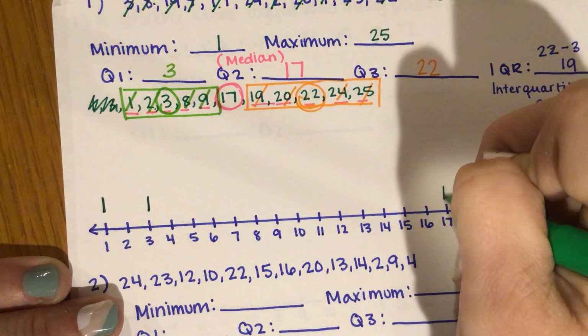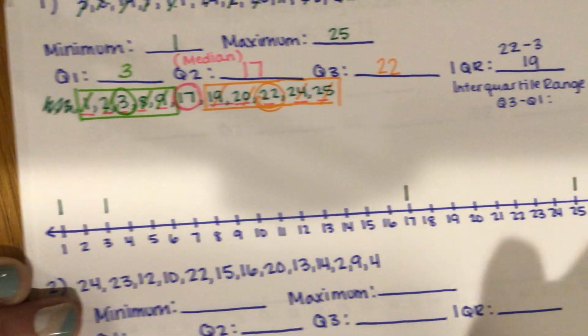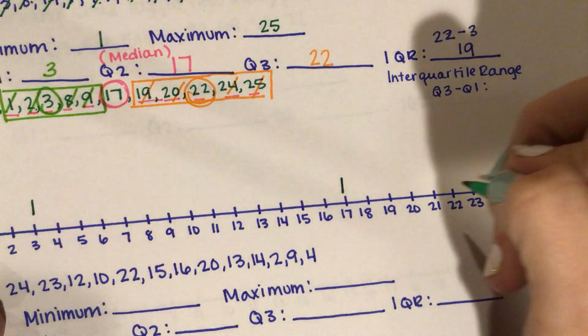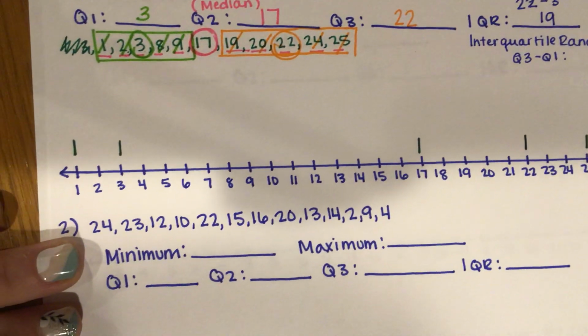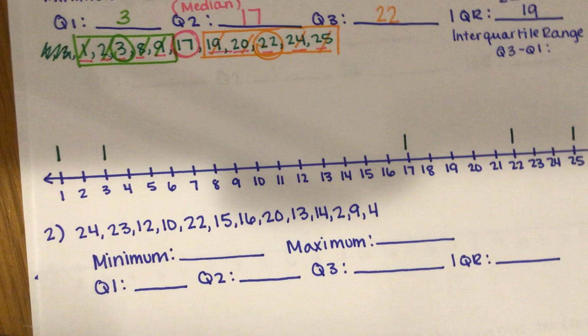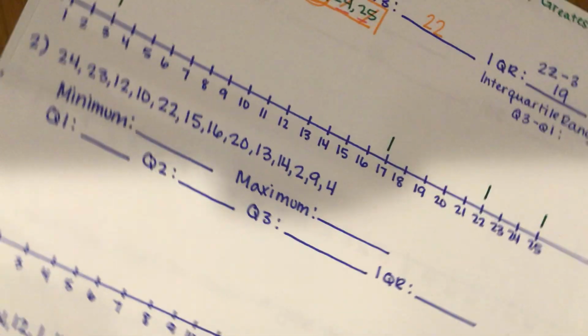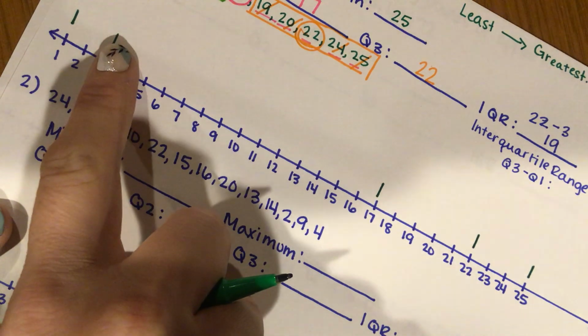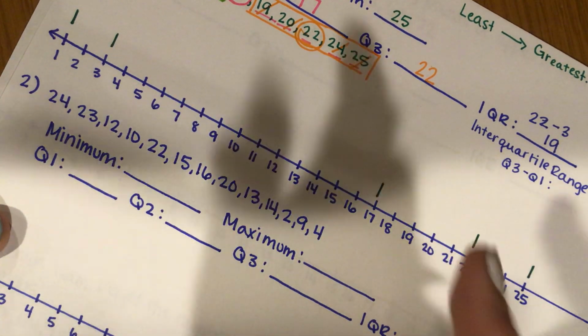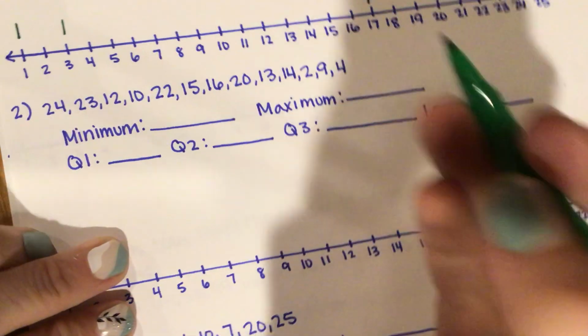Q2 is 17. And Q3 is 22. And then I'm going to connect these middle 3 lines and make them into a box.